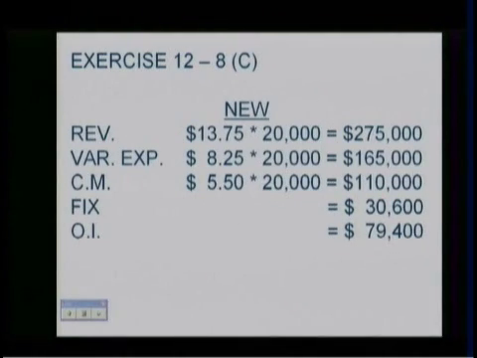They're going to have variable expenses that aren't going to change of $8.25 each times 20,000 units. The contribution margin is going to go up because they're going to sell it for $13.75, and the difference between $13.75 and $8.25 is $5.50. Their fixed expenses are going to stay $30,600. So their operating income then is going to be $79,400.